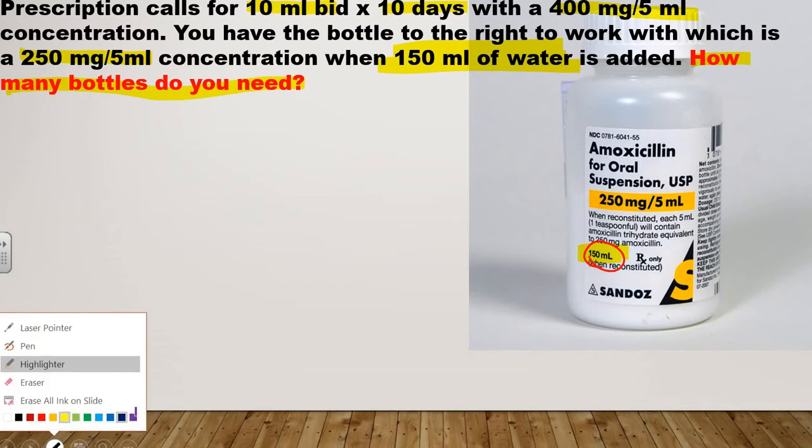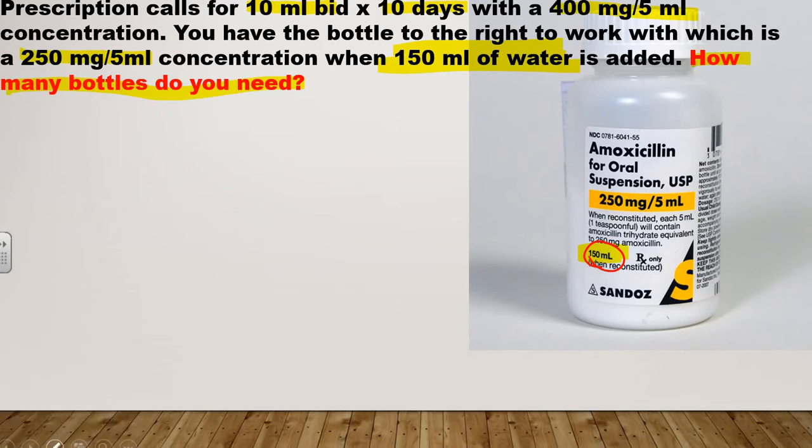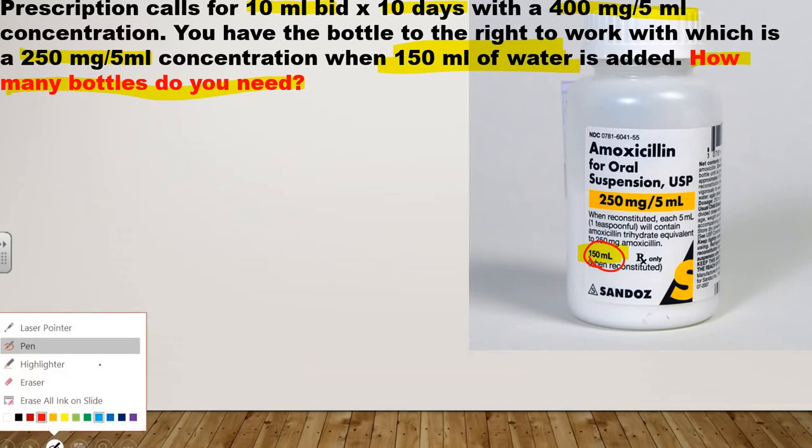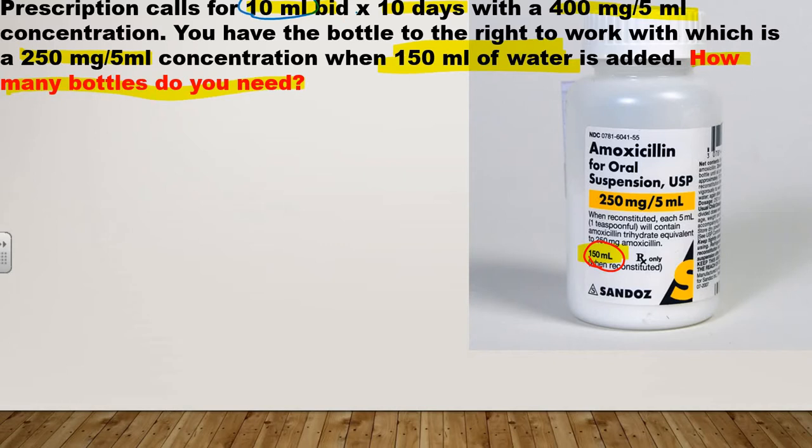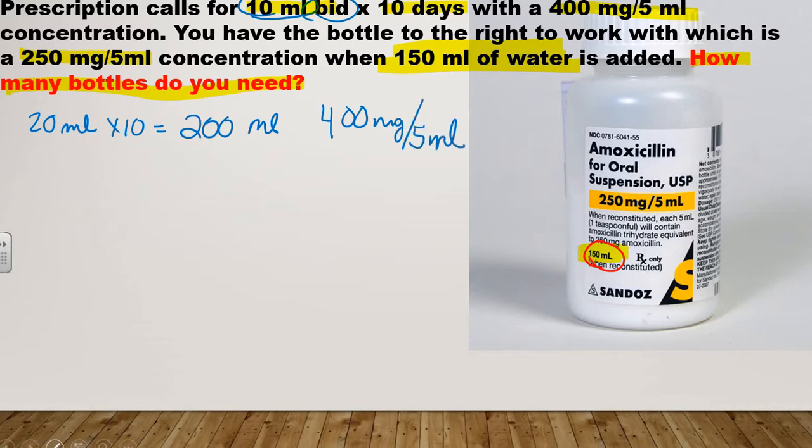Okay, step 1, we just simply figure out how much we need for the prescription to begin with. If it's 10 milliliters twice a day, that's 20 milliliters per day times 10 days. We need a grand total of 200 milliliters of liquid with the concentration of 400 milligrams to 5 milliliters.